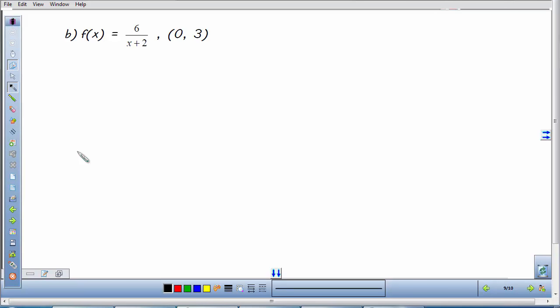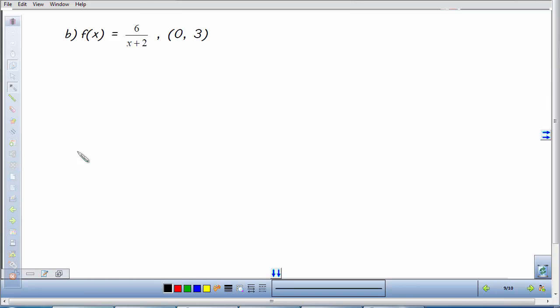Let's take a look at another example. Here again, we want to be able to find the equation of the tangent line that goes through the point 0, 3, and it's going to be tangent to this curve at that point, or f of x equals 6 over x plus 2 at the point 0, 3.